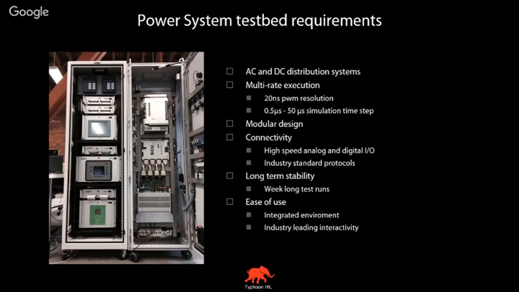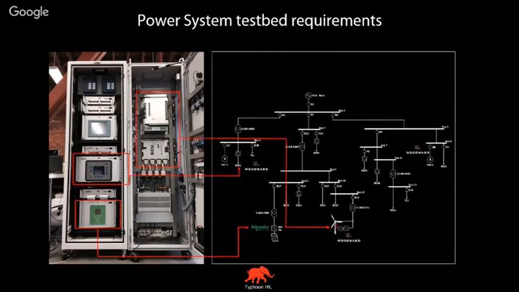And then also simulate communication protocols, synchronize with GPS signals, and embed real protection devices in the setup. These are some of the specs that this setup would have to comply with.